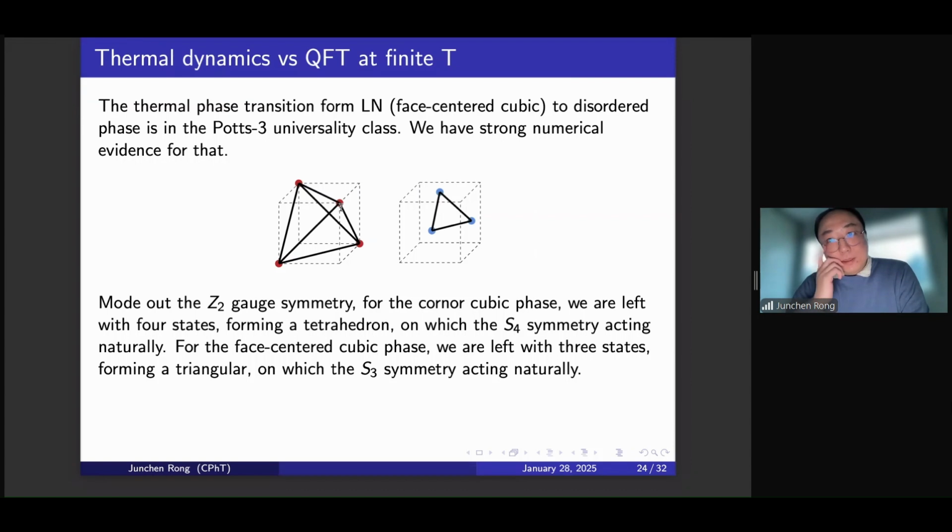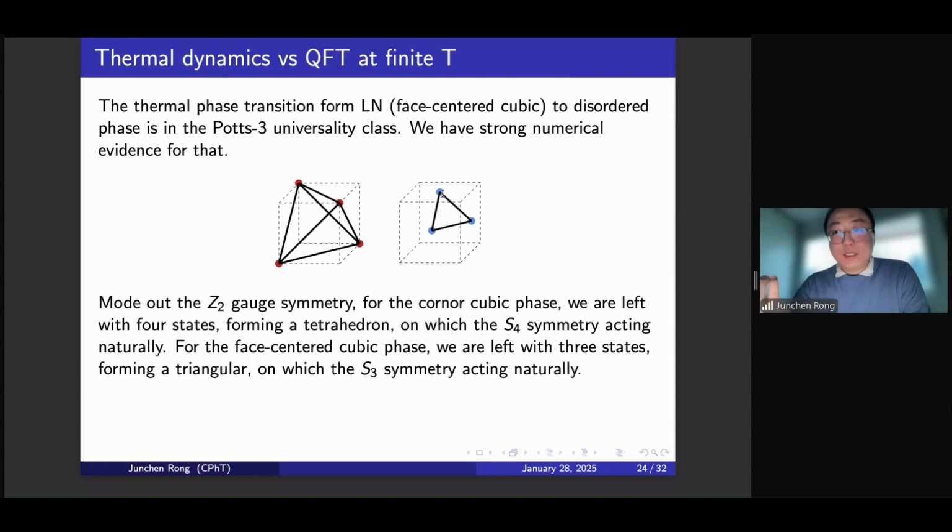So if you mod out the Z2 symmetry, you find that they form a tetrahedron. If you mod out for the face-centered phase, you find the triangle. So this is where the S4 symmetry acts naturally on the tetrahedron, and S3 symmetry acts naturally on the triangle.